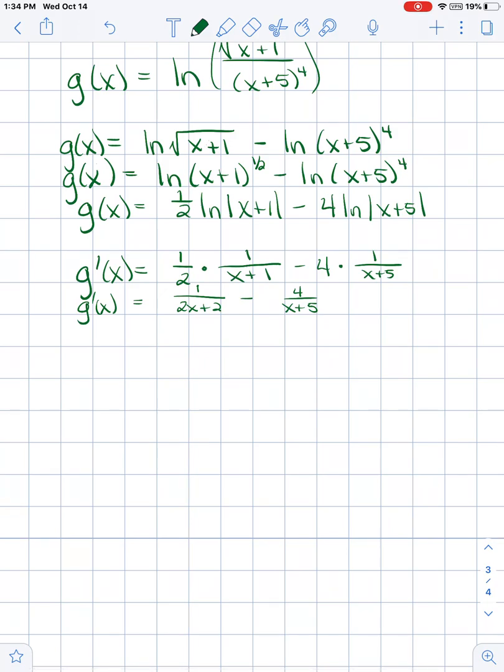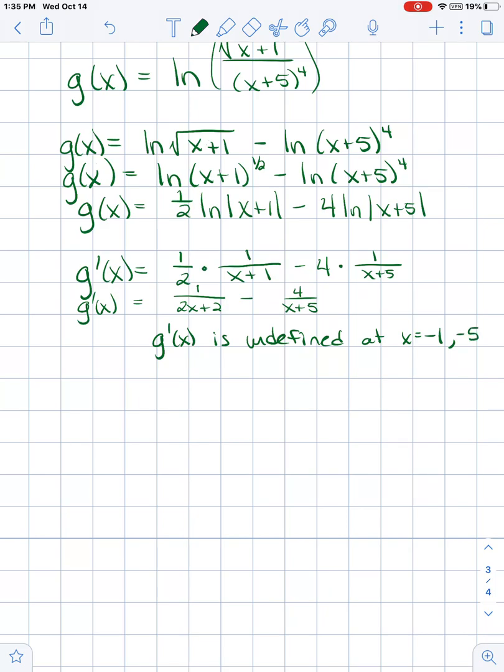Now you could go further, you can get a common denominator, but it's not absolutely necessary. Let's say I was asking you to find the critical numbers. So the critical numbers would be, where is this undefined? Where is this equal to 0? Well, undefined would be anywhere the denominator is equal to 0. So we would say that g prime of x is undefined at x equals -1 and at x equals -5.